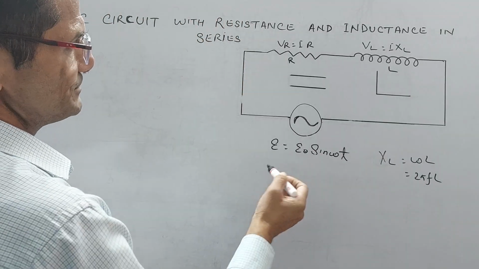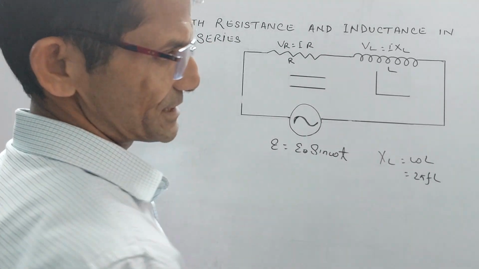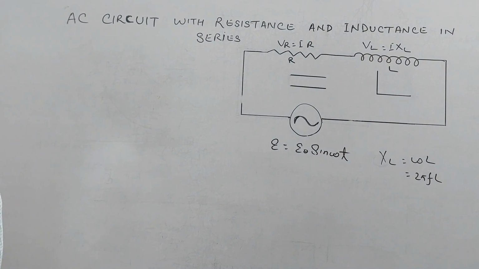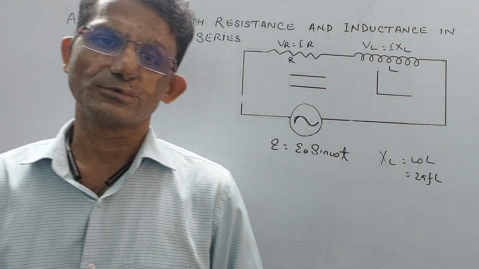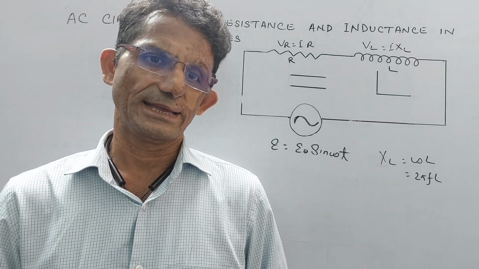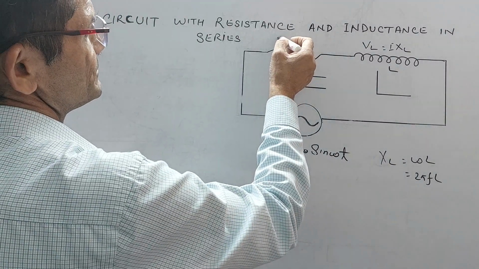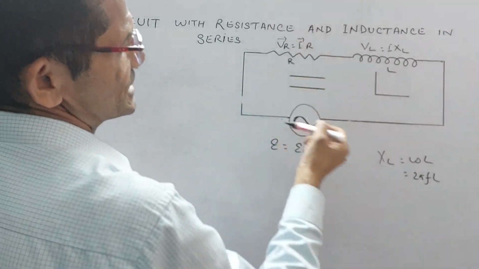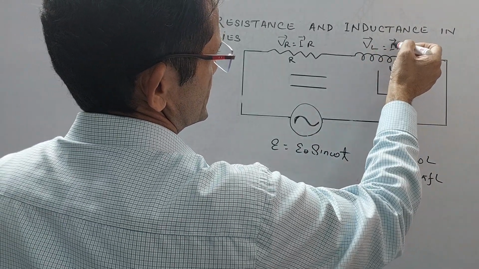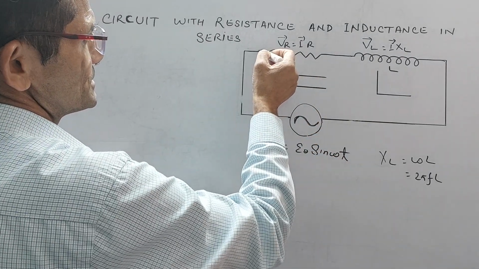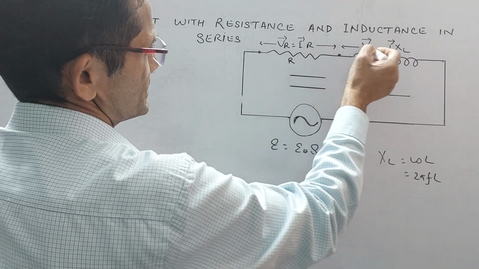We are analyzing this AC circuit with the help of a phasor diagram. In phasor diagrams we normally represent current and voltage as phasor vectors. Therefore we have the vector VR and the current vector, the voltage vector across the inductor, and the current through the inductor.